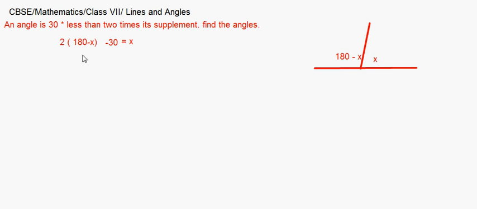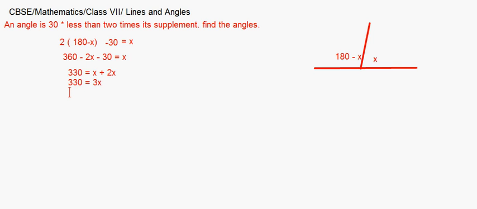Let's solve and remove the bracket. This is 360 minus 2x minus 30 is equal to x. So 360 minus 30 will give us 330, and if I carry 2x to the other side, it will be plus 2x, thereby getting 330 is equal to 3x.